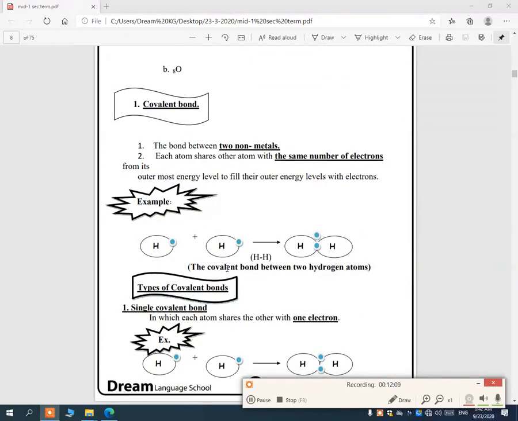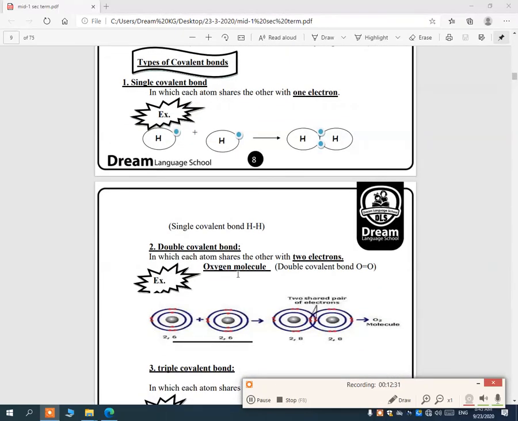The next bond is the covalent bond. The covalent bond always arises between two nonmetals, where each atom shares the number of electrons that it needs to complete its outermost energy level. We have three types of covalent bonds: single covalent bond, double covalent bond, and finally triple covalent bond.